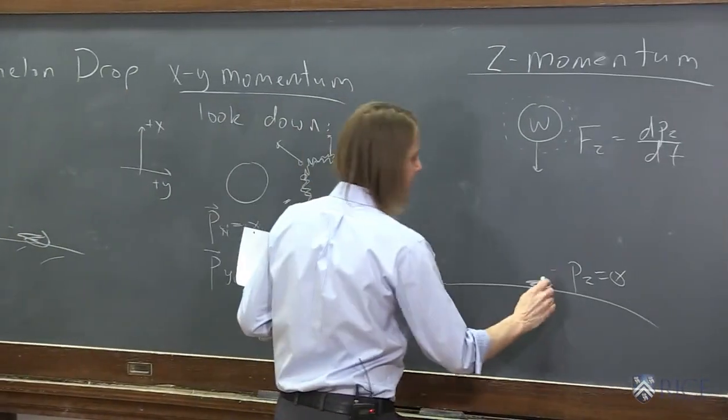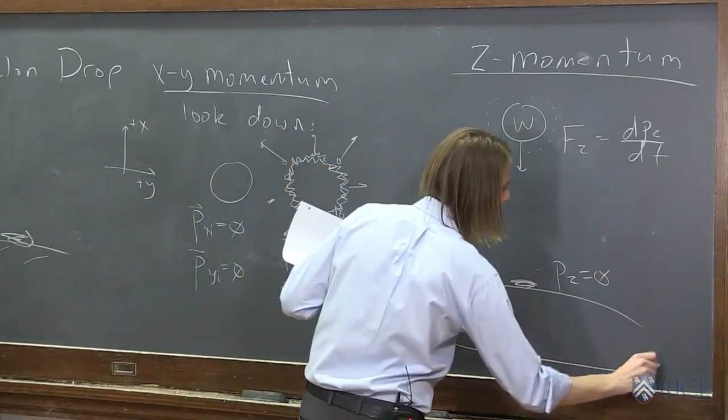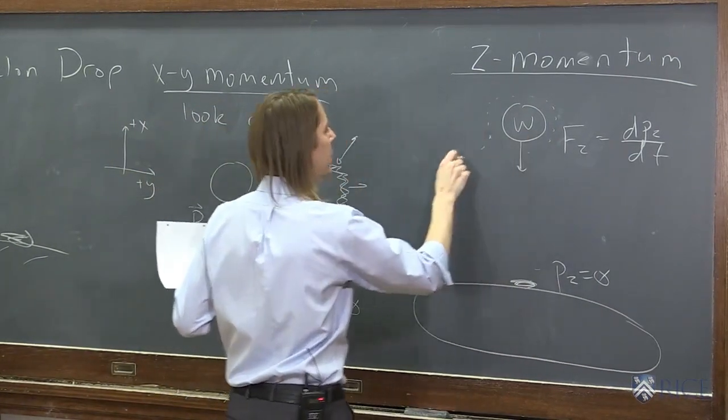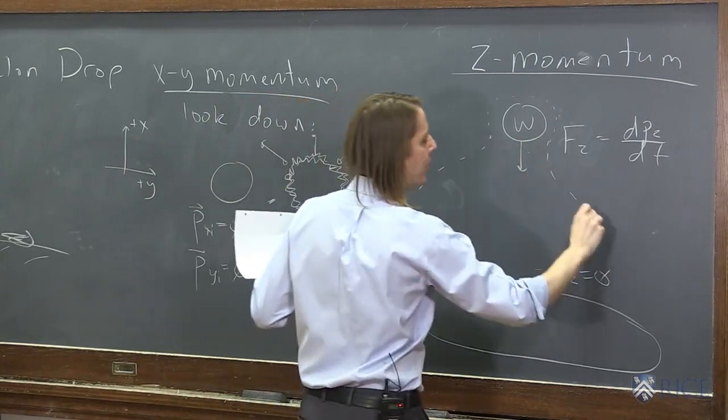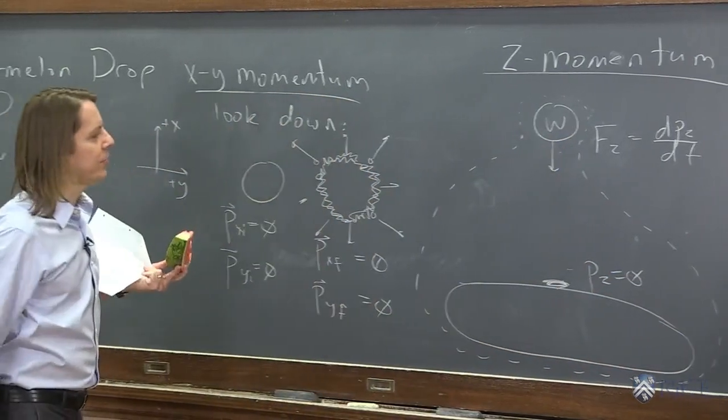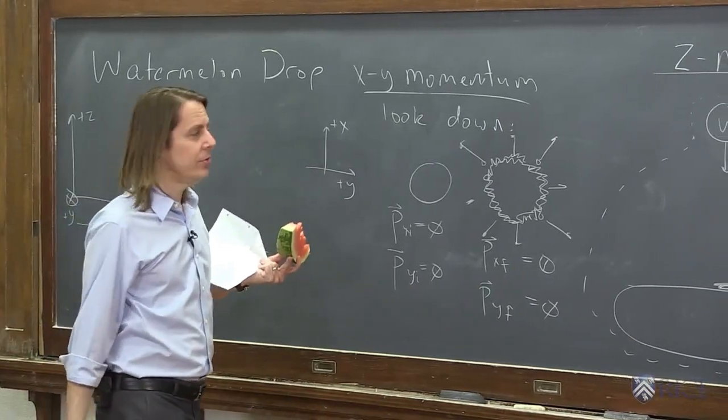You could think of the Earth and the watermelon together. That's not a very accurate view of the Earth. But if we bring the Earth in, and we say it's the watermelon Earth system, we could ask ourselves, what's the momentum of the watermelon Earth system?